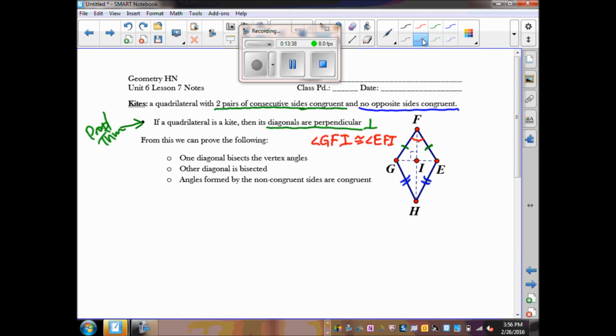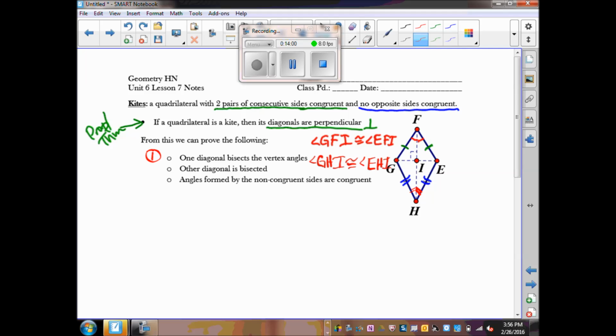And it also bisects the other vertex angle. So we have these down here are congruent. So we have angle GHI is congruent to angle EHI. So it cuts those angles in half.